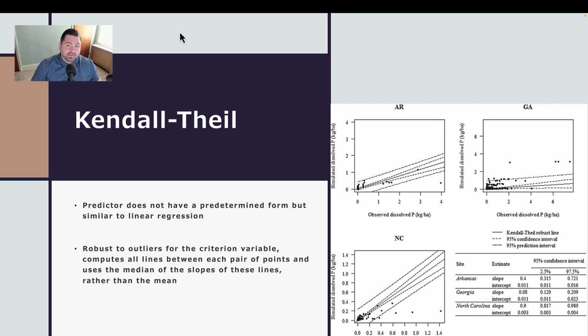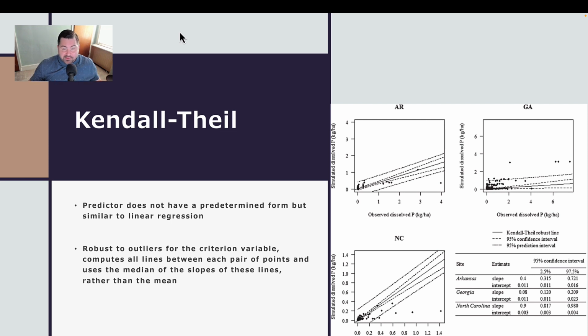And the reason it's capable of doing that is because it's going to compute the lines between each pair of points, meaning the XY coordinates, and it's going to use the median rather than the mean of the slope of these lines. And remember, the median is a better tool when we're trying to estimate things when we have outliers in place. The problem was that we didn't really have a way of using the median to generate a line of best fit before this Kendall-Theil procedure existed.